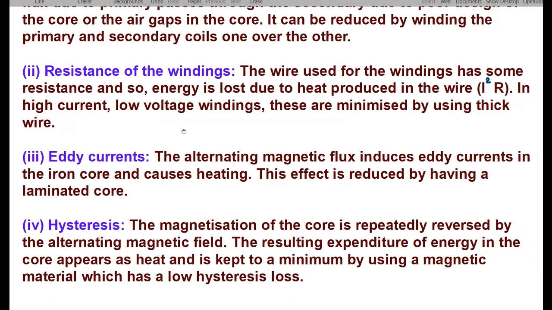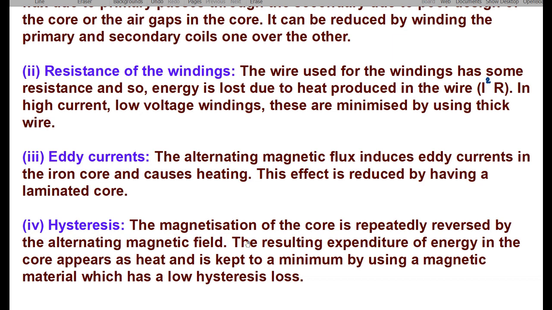The third energy loss is due to eddy currents. The alternating magnetic flux induces eddy currents in the iron core and causes heating. This effect is reduced by having a laminated core. And the fourth one is the hysteresis loss.